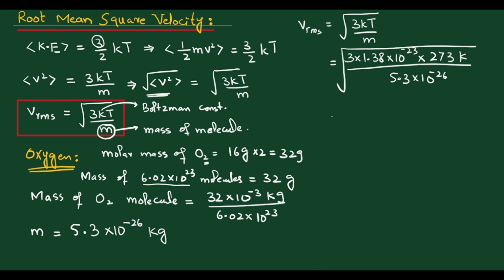Multiply these numbers: 3, 1.38 and 273, and we will get 1130.2.